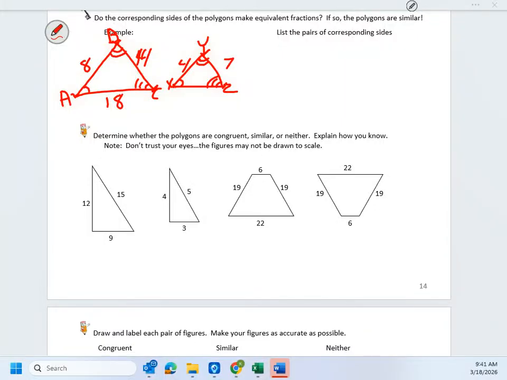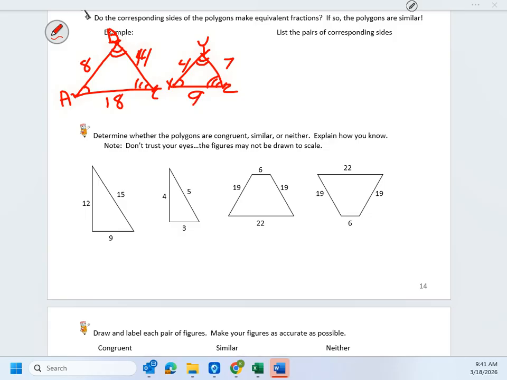Because 8 to 4, I divided by 2. So that means 14 to 7, I'm dividing by 2. So if it's proportionate, I'm going to divide by 2 for every side. So what does XZ have to be if it's proportionate? Haley? 9. 9, because 18 divided by 2 is 9.